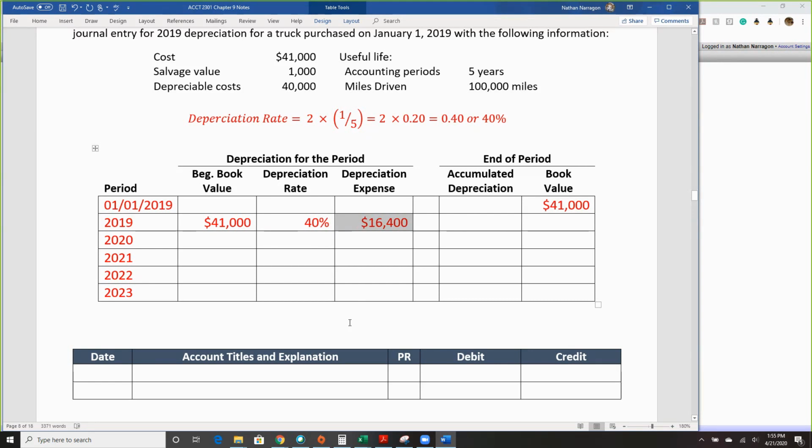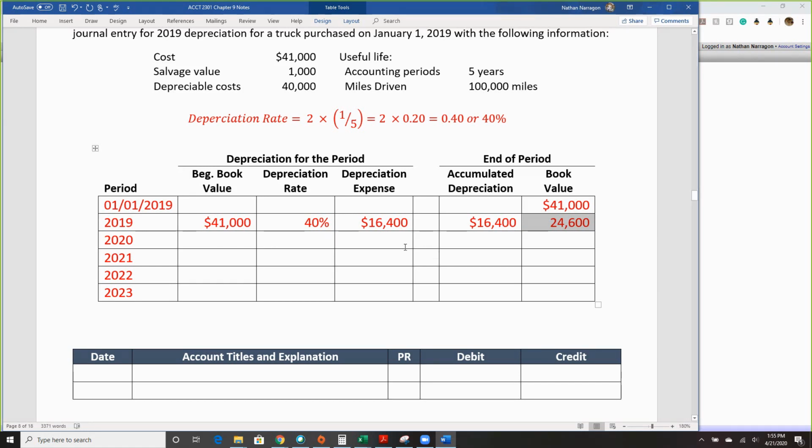So our depreciation expense is about $16,400. Again, we lower our income by that amount. So our accumulated depreciation will be $16,400 for that year, and book value will drop to $24,600. So basically 40% of it.